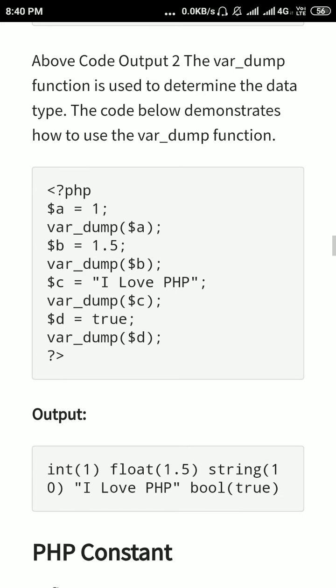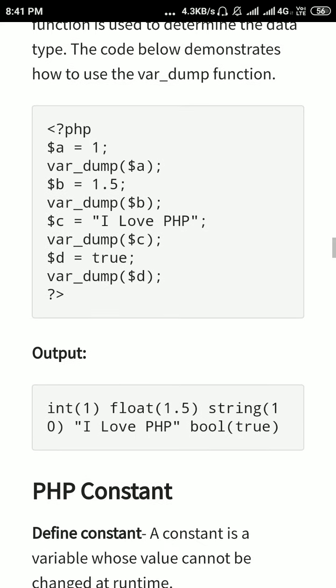So what is the output? Int is equal to 1, float point is equal to 1.5, and string value is 10. I love PHP. Boolean value is true.